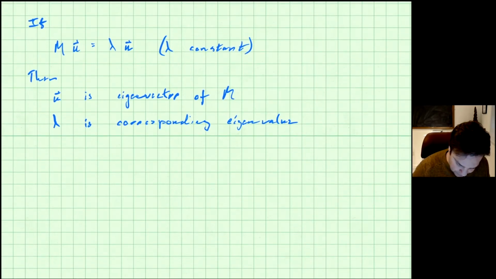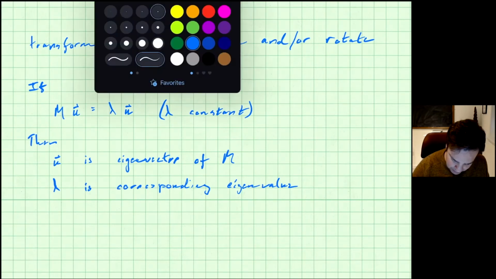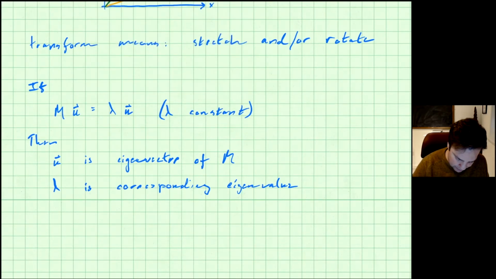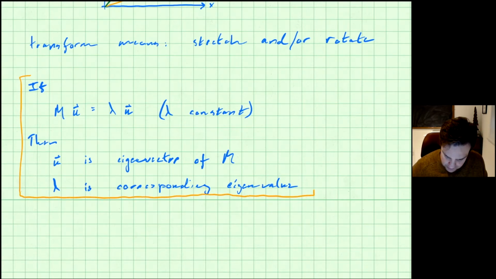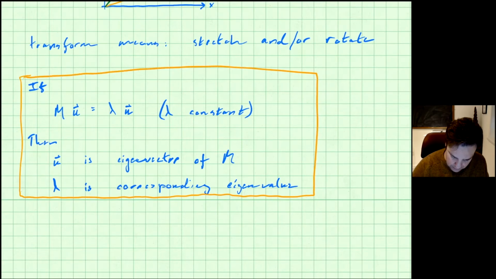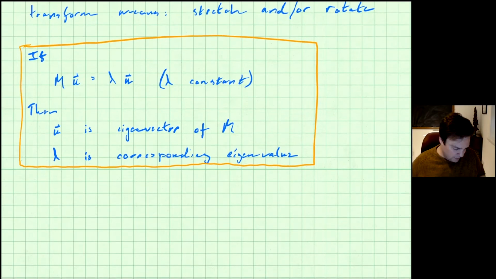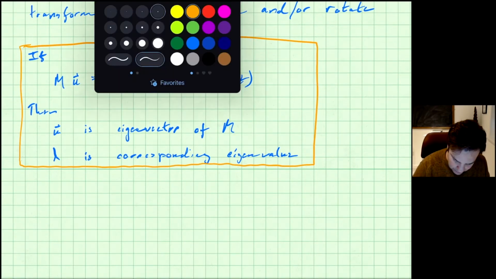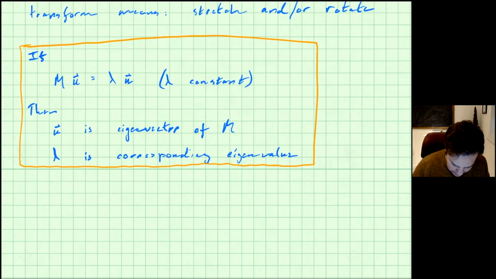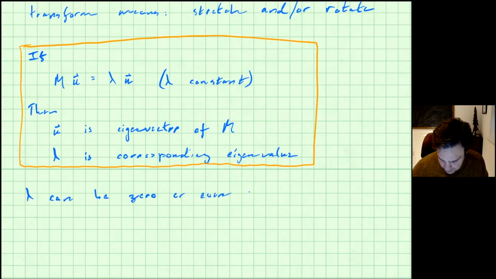Oh, also I should say, this is important enough that you should probably put a box around it. This is the definition, roughly, where M is a matrix, right? Notice, an important comment, lambda can be 0, or maybe worse, it can be a complex number.